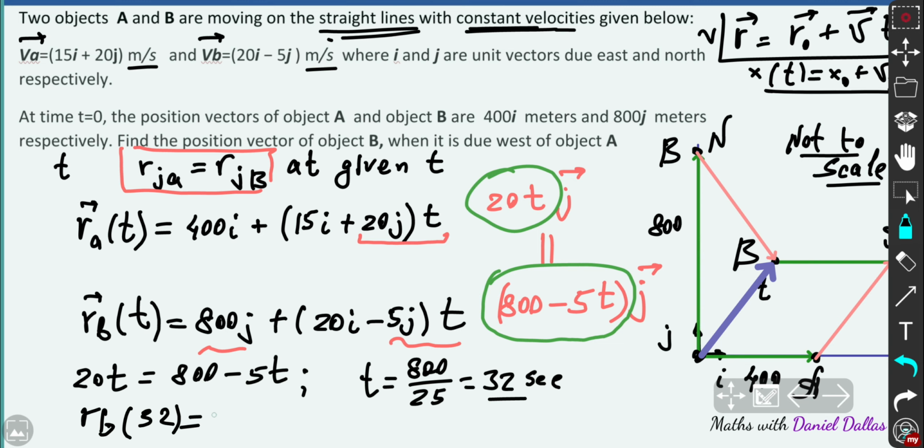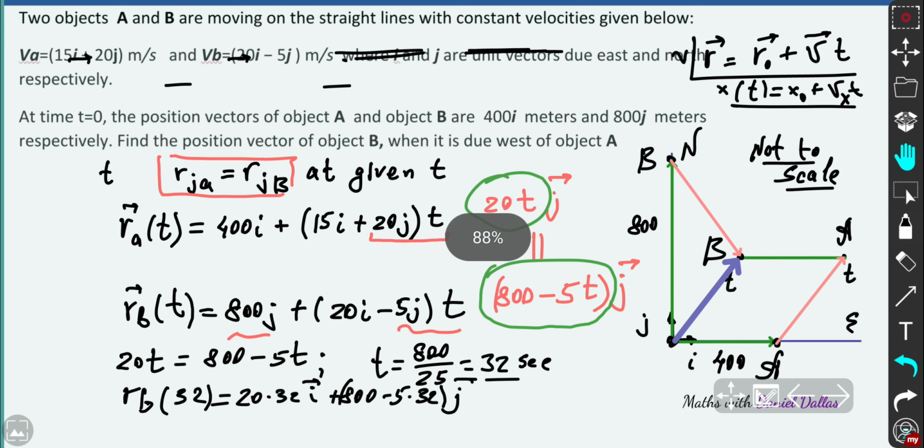So 20 times 32i, that's the i component, plus 800 minus 5 times 32 for the j component. We just plug into the formula.